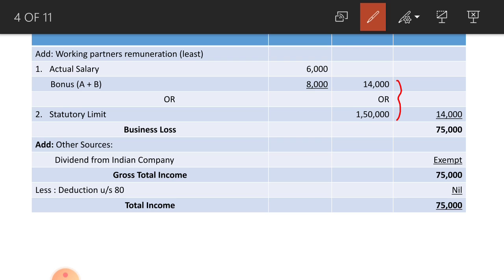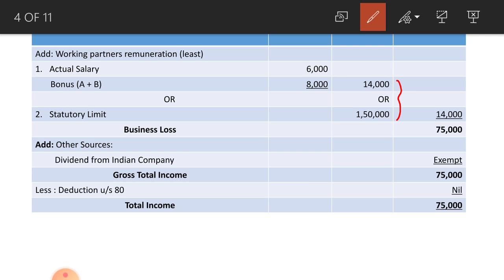One more income is given, that is dividend from Indian company, that comes under income from other sources, that you have to add here. Add other sources, dividend from Indian company, exempt. So you get gross total income less deduction under section 80. Here no deduction under section 80 is given, so nil. So the total income amounts to rupees 75,000.